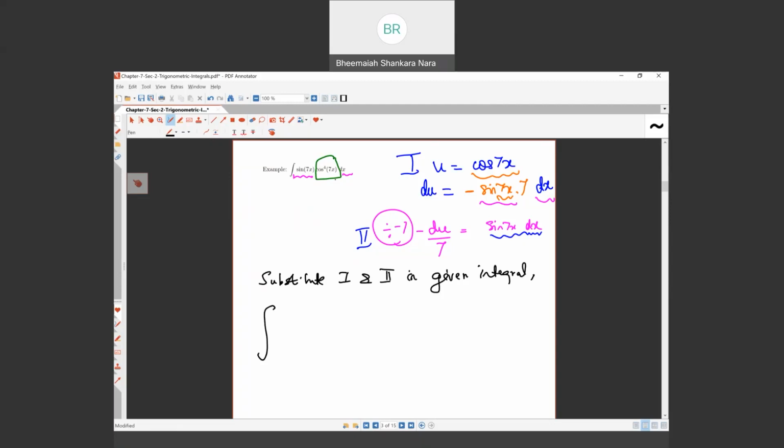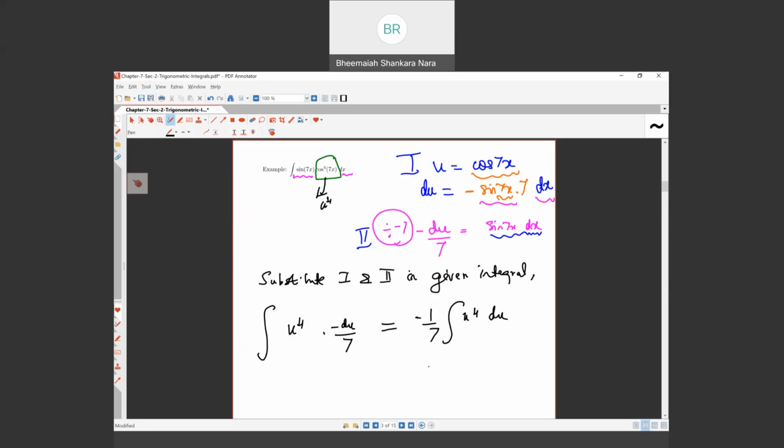This cosine 7x is u, so this becomes u to the 4. So you write u to the 4 times sine 7x dx. Sine 7x times dx is negative du divided by 7. This is the replacement what we found. So negative 1/7 goes outside. You have u to the 4 du.